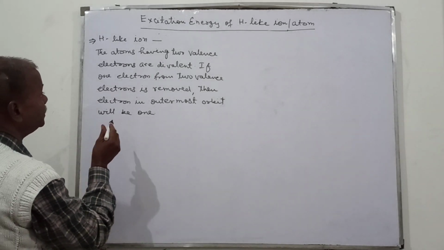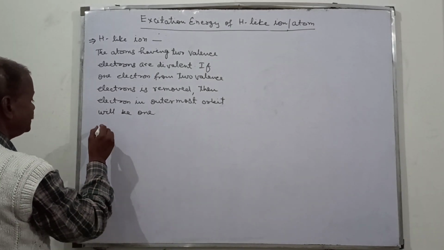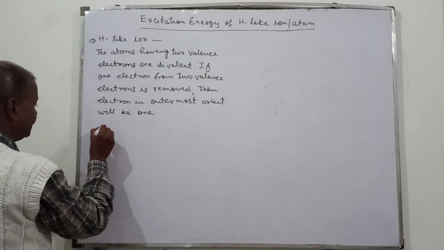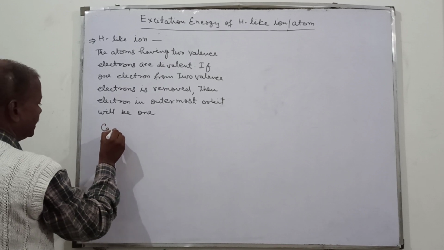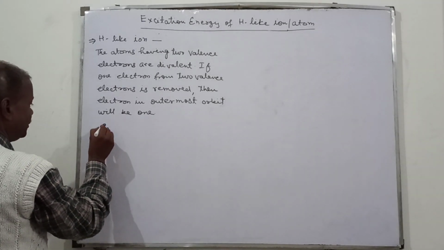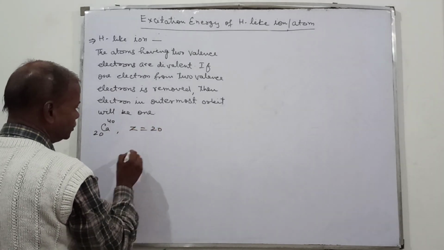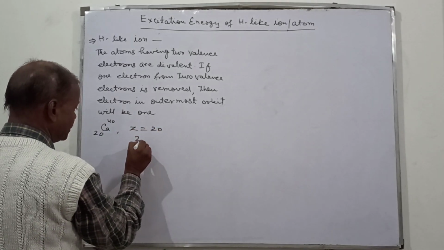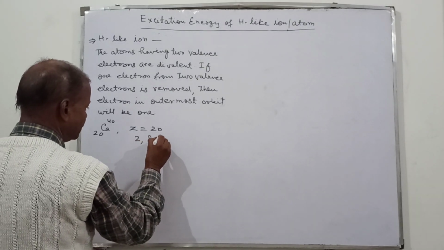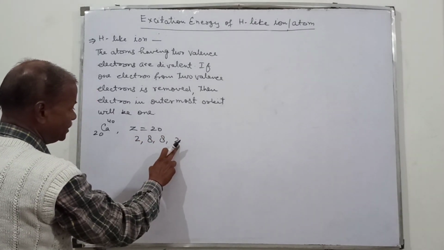So suppose we have calcium, 20, 40. Here Z equals 20. The electron distribution is 2, 8, 8 and 2. These are 2 electrons.